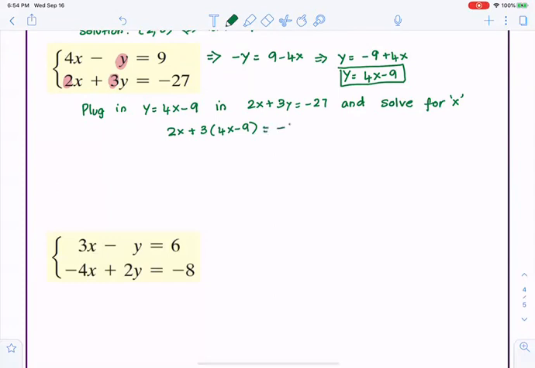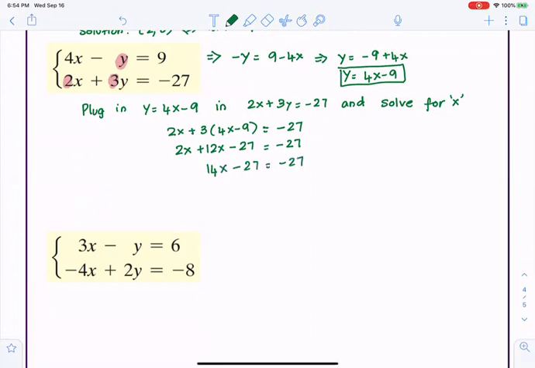That would equal negative 27. 2x plus 12x minus 27 would equal minus 27. 2x plus 12x is 14x. Minus 27 would equal minus 27.